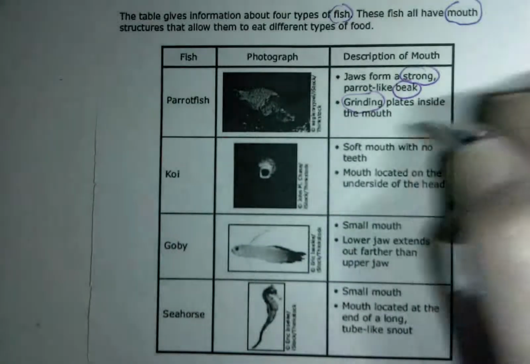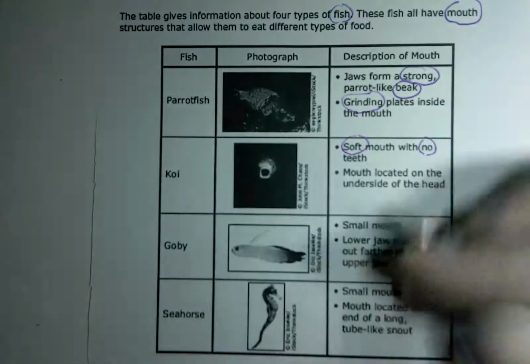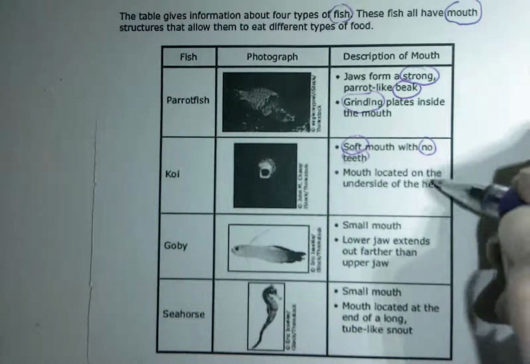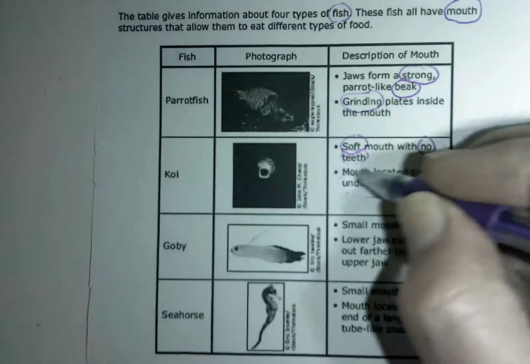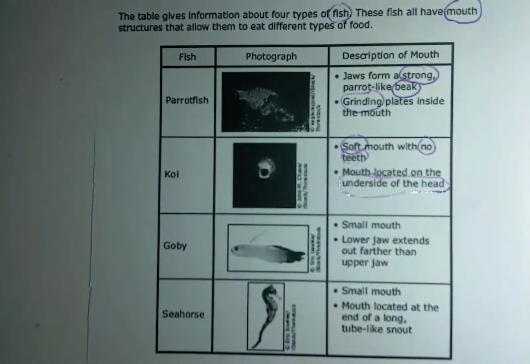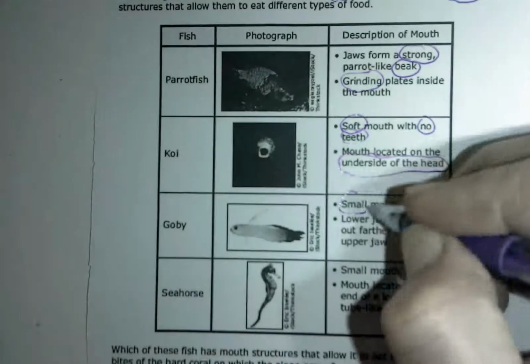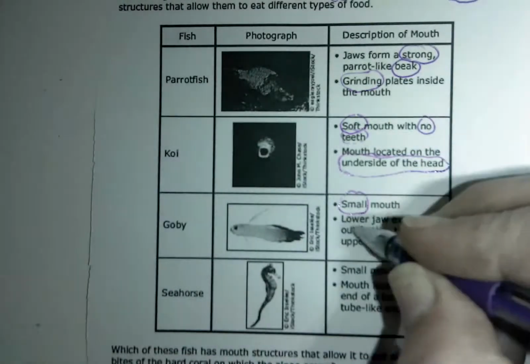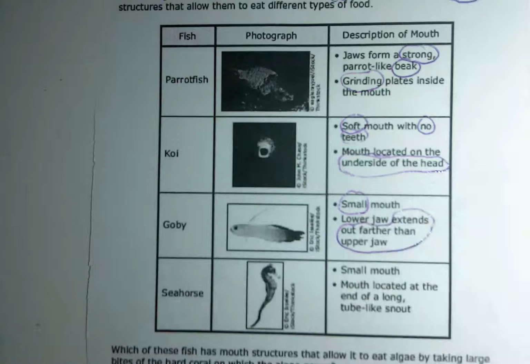Koi have a soft mouth with no teeth. Okay, and the mouth is located on the underside of their head. The goby has a small mouth, and the lower jaw extends out further than the upper jaw, so it looks like they have buck teeth.